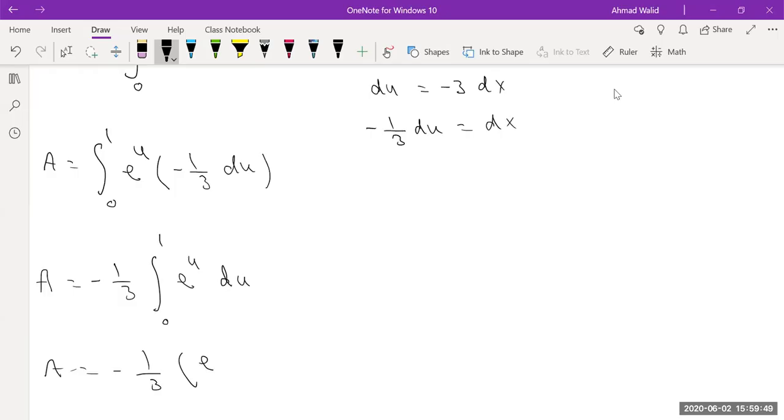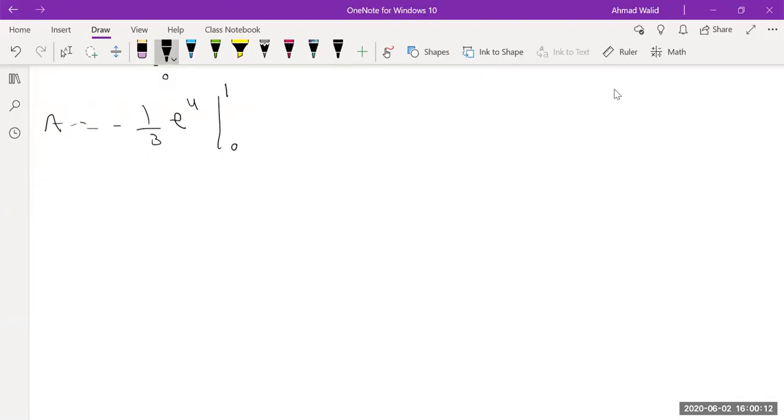It gives you back e to the u, but because you are dealing with definite integrals from 0 to 1, what is u? Let's plug in the value of u. A equals negative 1/3 e to the power of negative 3x from 0 to 1.